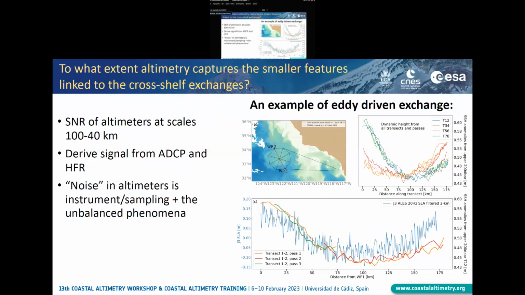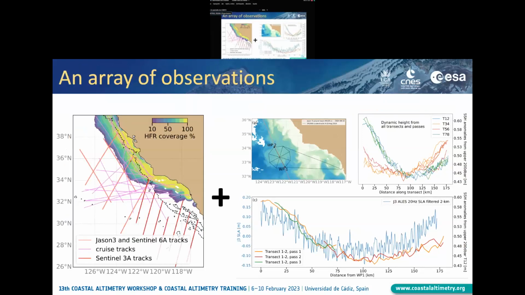And for our purposes, it's not just noise, like an instrument noise, there are also ocean processes that the altimeter sees that we actually do not want.